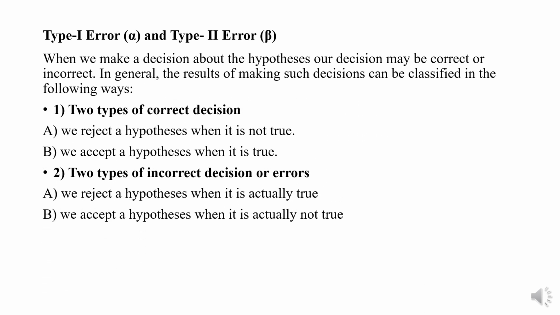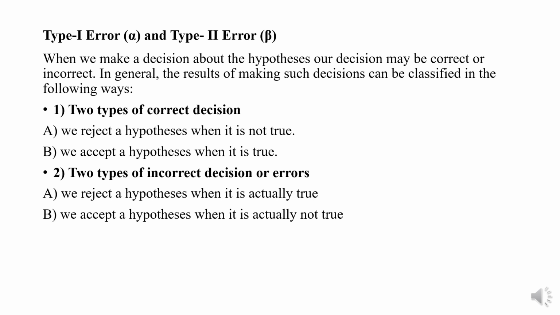Type 1 error alpha and type 2 error beta. So type 1 error we present with the help of alpha and type 2 error we present with the help of beta. When we make a decision about a hypothesis, our decision may be correct or incorrect. In general, the result of making a decision can be classified in the following ways.